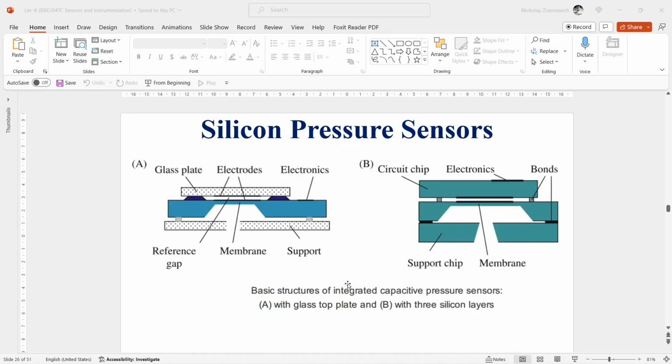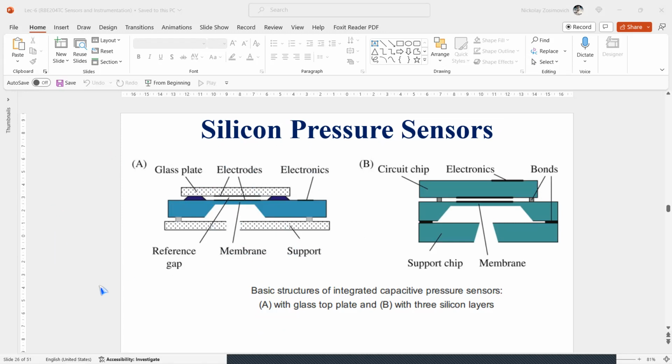The first silicon capacitive pressure sensor consists of a stack of 3 layers. You can see the 3 layers on the left figure, A. We have here a support layer, the membrane or edge silicon, and the top layer with a fixed counter electrode.